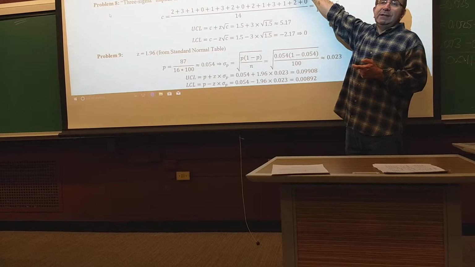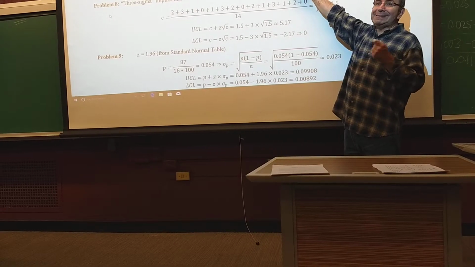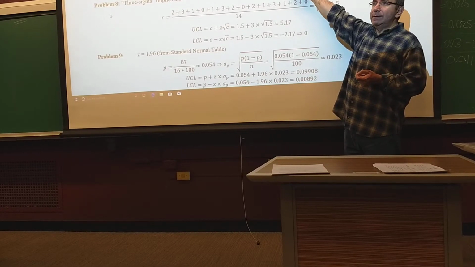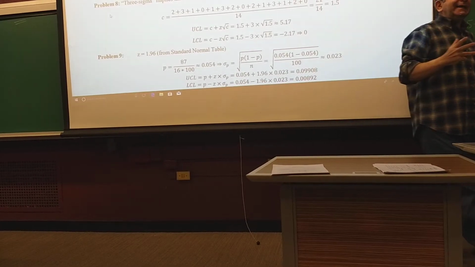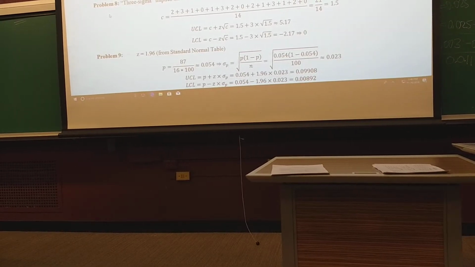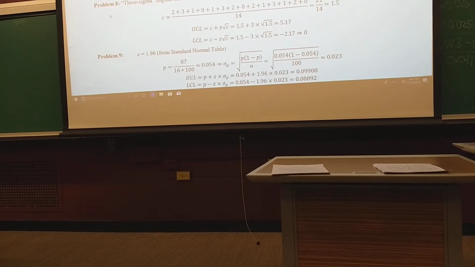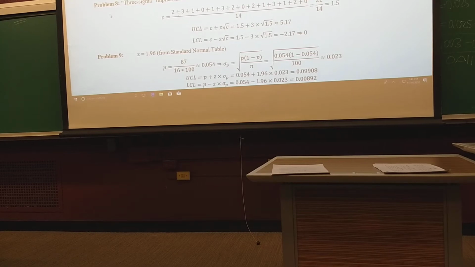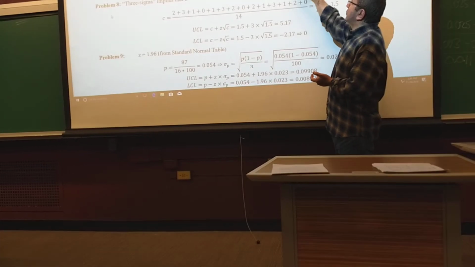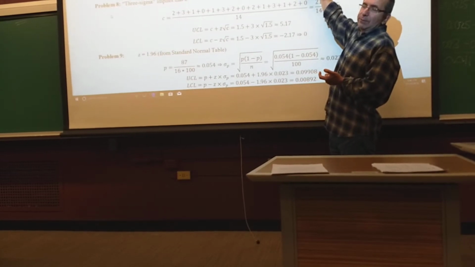The lower control limit is negative, but we cannot have negative complaints. The least we can get is 0, so we set this equal to 0.